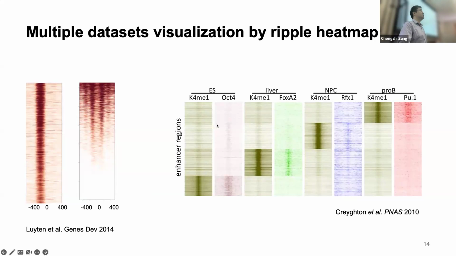Yes, you can. In this particular case, they actually group the enhancer regions into 4 different groups based on their signal. The first group of regions only have a strong signal of H3K4 monomethylation in this cell type, and they put them here.